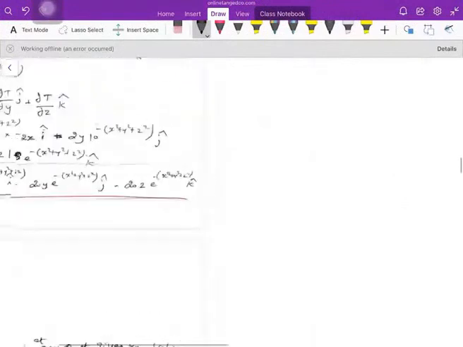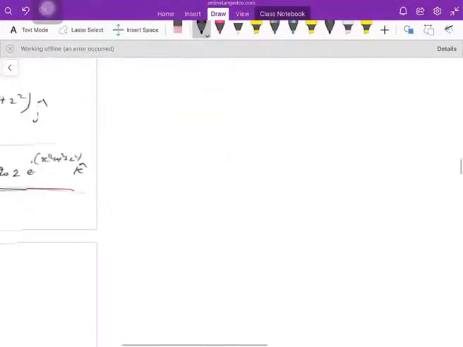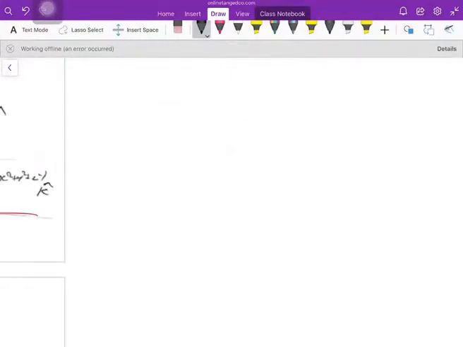So how to take the gradient? Before that, I'm using the del operator, so I have to give the definition for this del operator. Usually the del operator is what we'll be using for all the divergence, gradient, and curl. The del operator is nothing but dou by dou x of i vector plus dou by dou y of j vector plus dou by dou z of k vector.